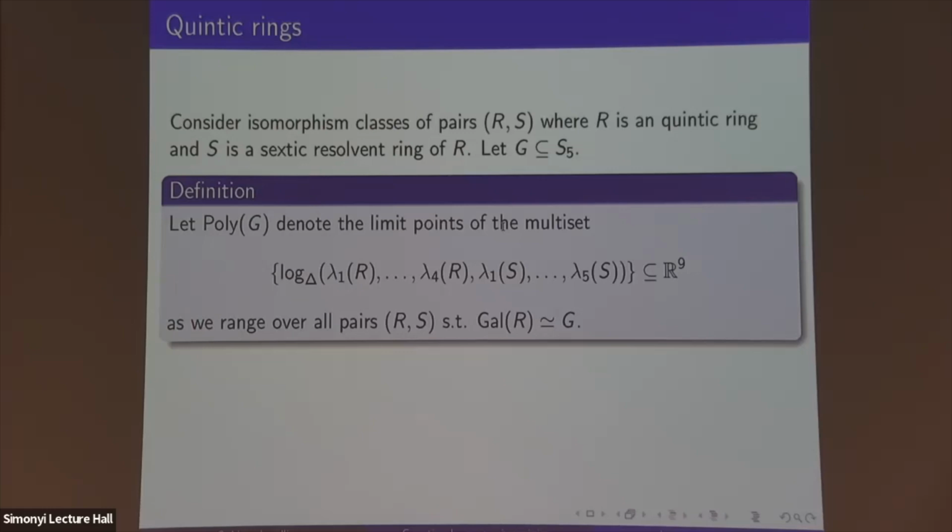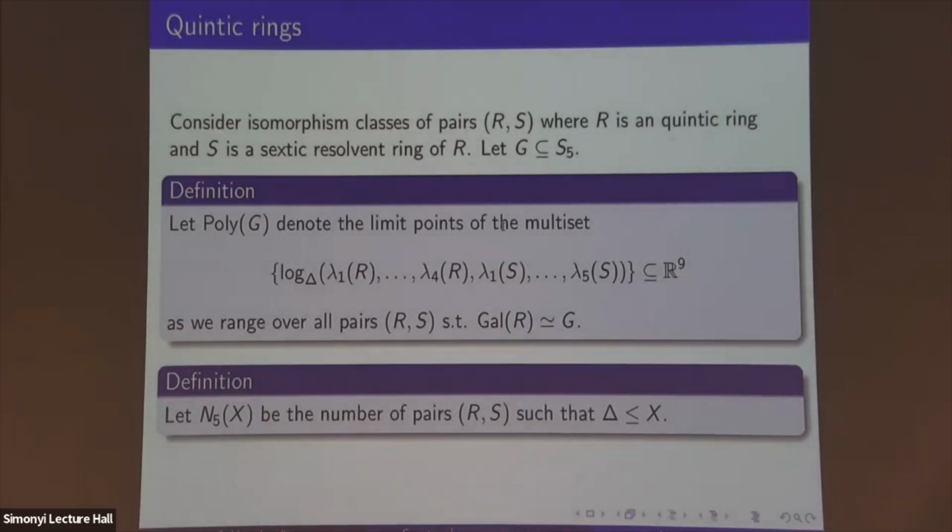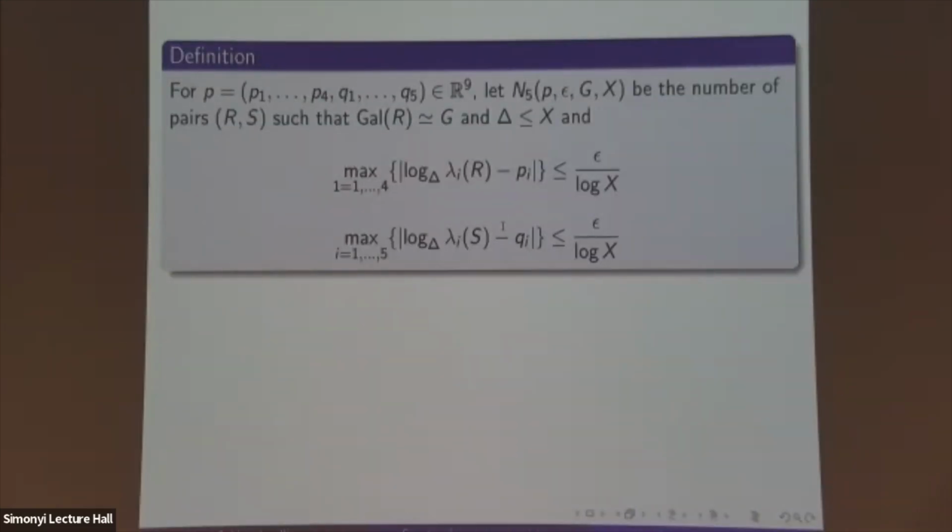Okay, so this is basically just the polytopes we had earlier. And now I define the density functions in the exact same way. N5 of x will be the number of pairs R, S such that the discriminant is bounded by x. For a point P1 through P4, Q1 through Q5 in R^9, P1 through P4 will refer to the successive minima of the quintic, and Q1 through Q5 will refer to the successive minima of the sextic.